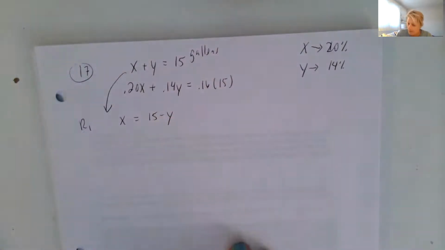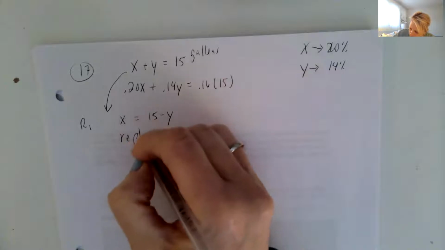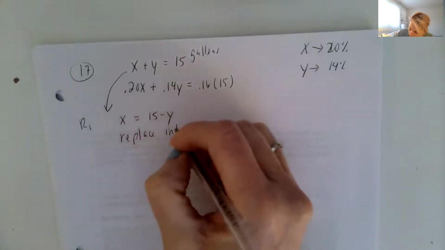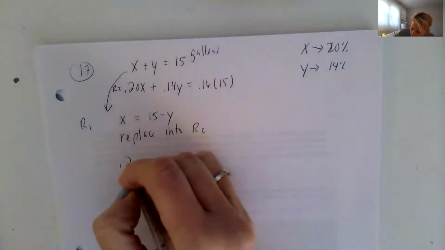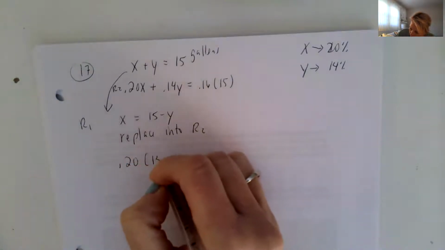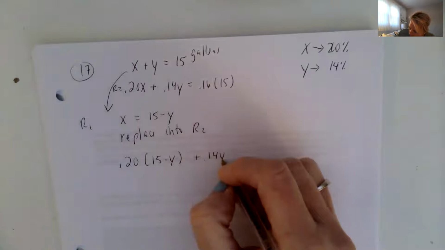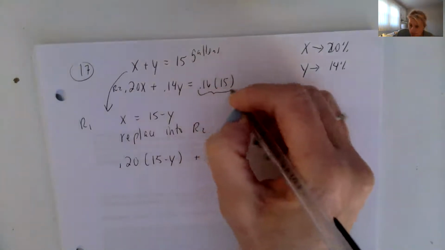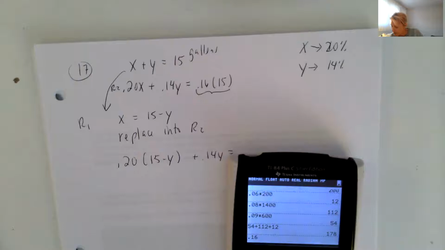It's just easier for me. So I'm going to replace into row 2. So 0.2x, but x is 15 minus y, plus 0.14y equals, and then I'm going to go ahead and multiply that. 16% times 15 is 2.4.